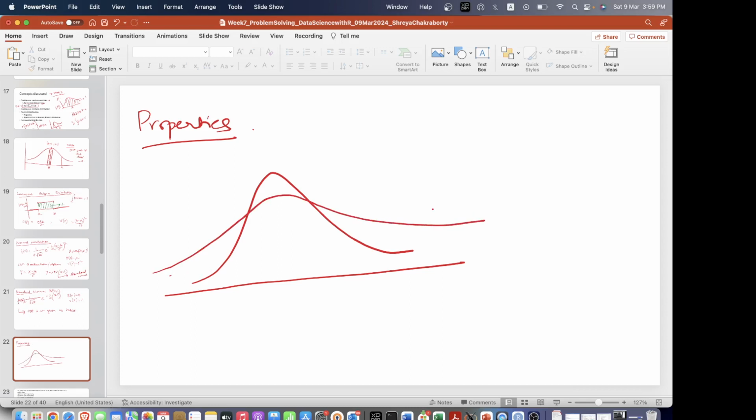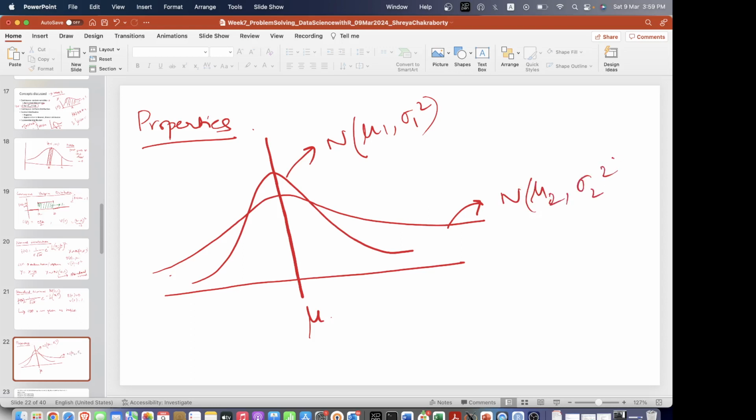This one follows normal mu1, sigma1 squared, and this distribution follows normal mu2, sigma2 squared. So what is the relation between mu1, mu2 and sigma1, sigma2? Can anybody say?